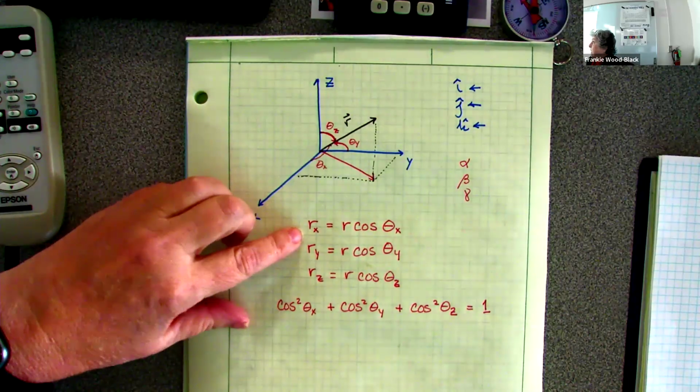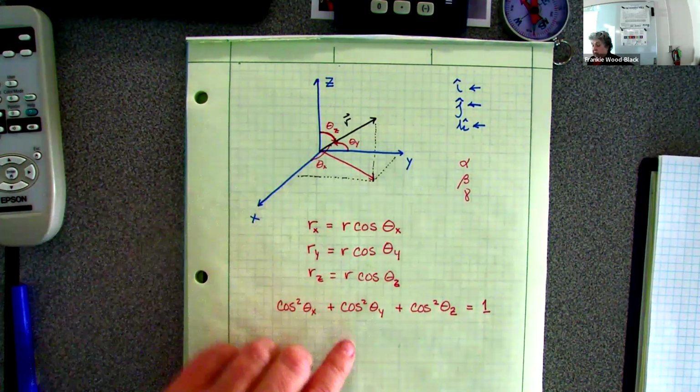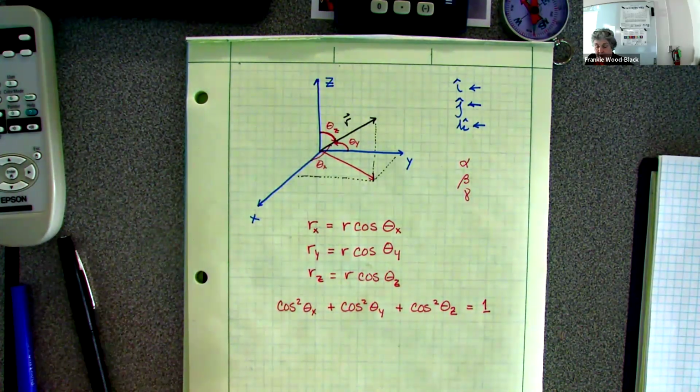And then we can do your I, J, and K's, just like what we've been doing before, but you're going to have those different component pieces.